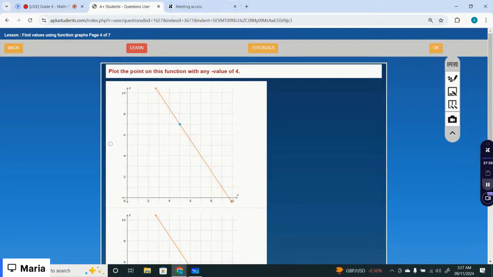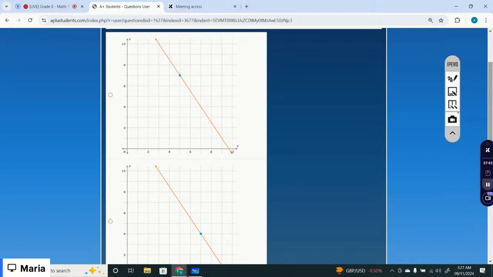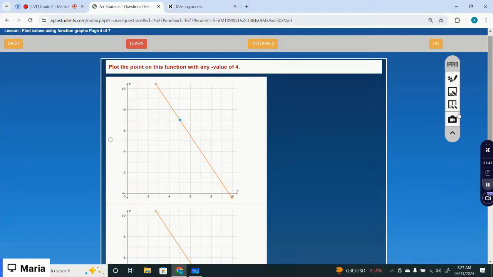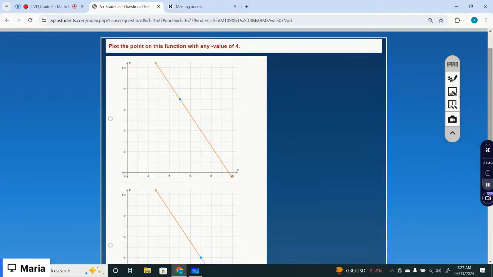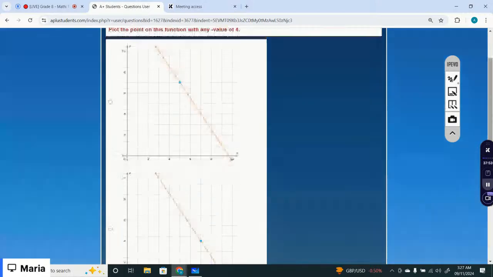Plot the point on the function with an x value of 4. This is x equals, but that is not 4, and that is also not 4. But there must be 4. You are not given the correct option, right?